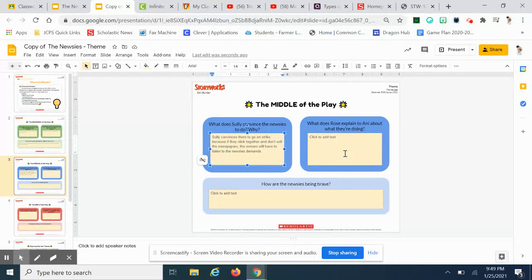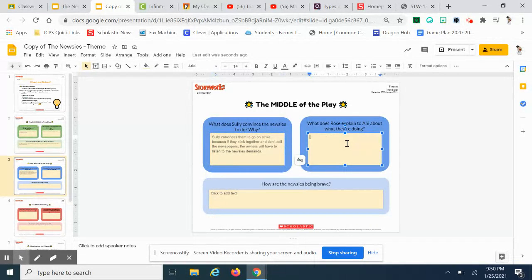All right, what does Rose explain to Annie about what they're doing? Rose explains to Annie that sometimes you have to sacrifice up front to get more in the end. So by not selling the newspapers, the Newsies are going to lose money too for a little while they're on strike. But if they all participate in the strike together, they can force the owner to lower the price of the paper. Then they will end up making more money after the strike ends.